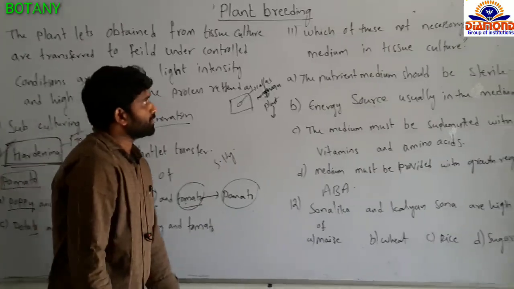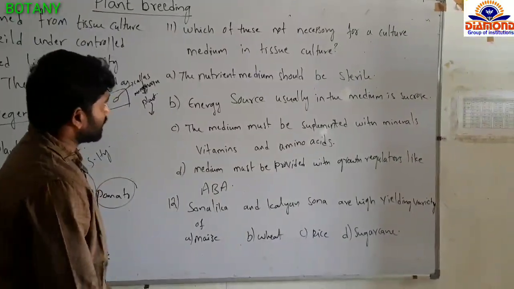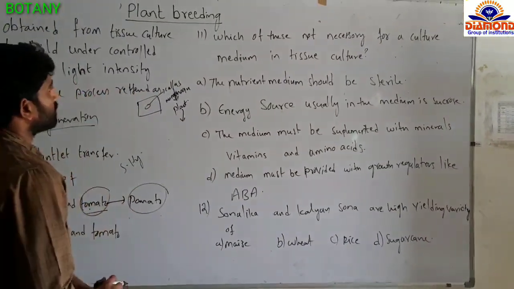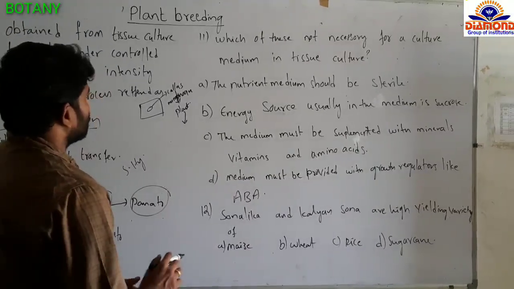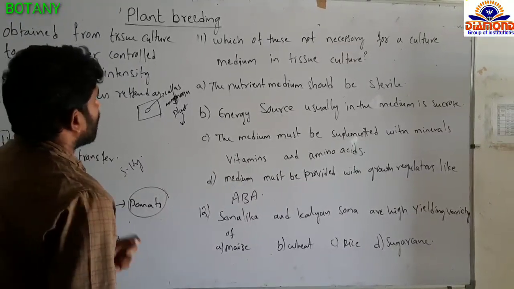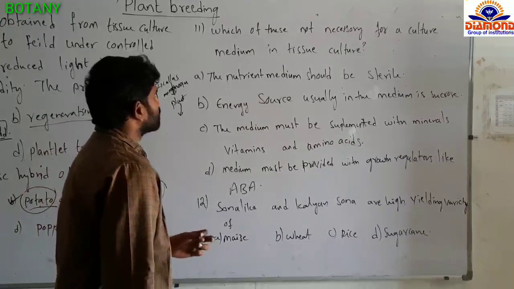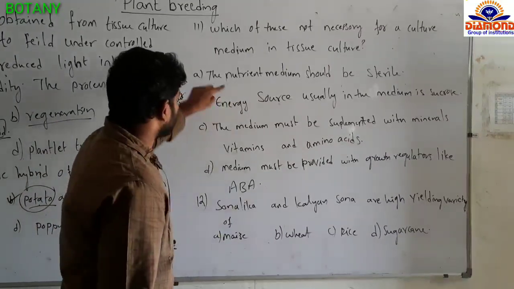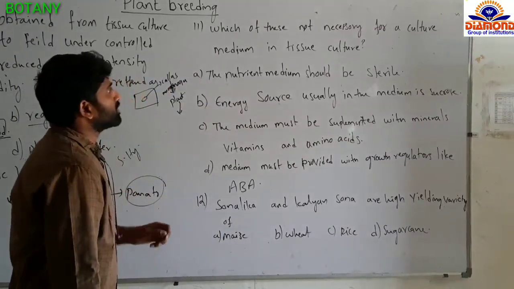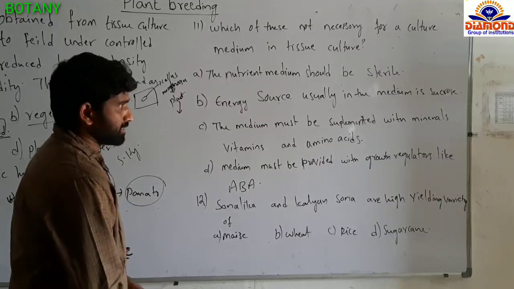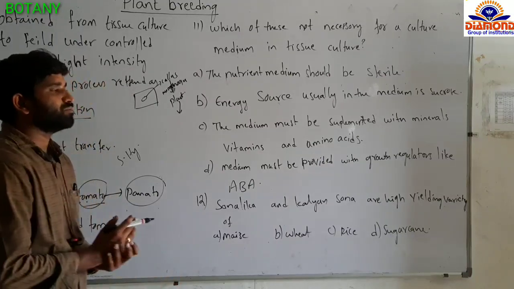And next one: which of the following is not necessary for tissue culture in a nutrient medium? Option A, the nutrient medium should be sterilized.